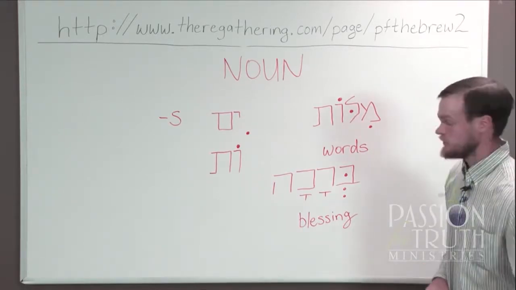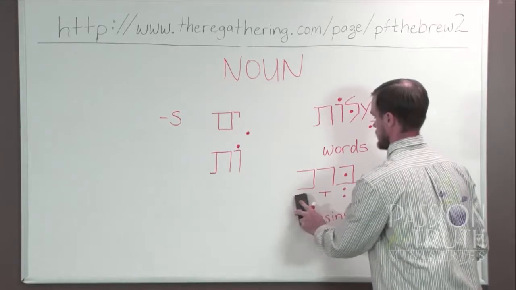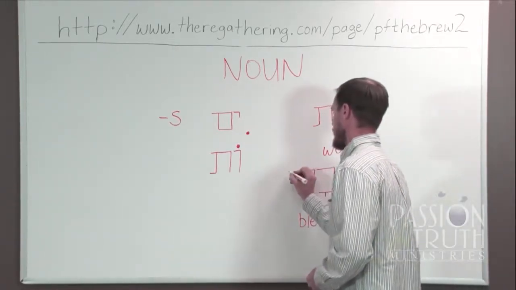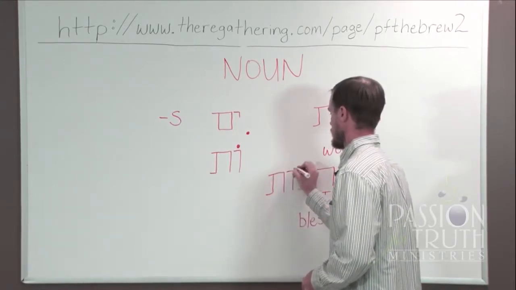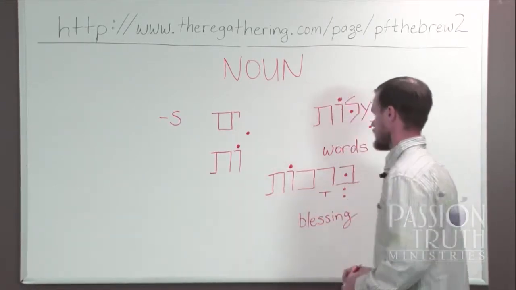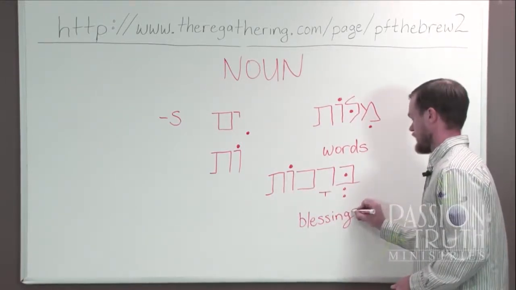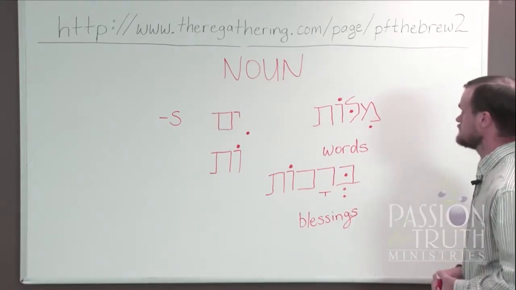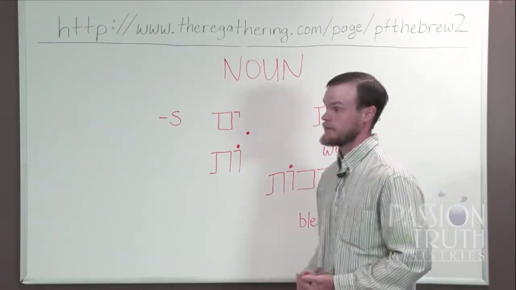In order to make it plural, we drop the hey, replace the kamets, and add our feminine plural suffix. So baracha becomes barachot, blessings. Okay. So any questions about dropping the hey?